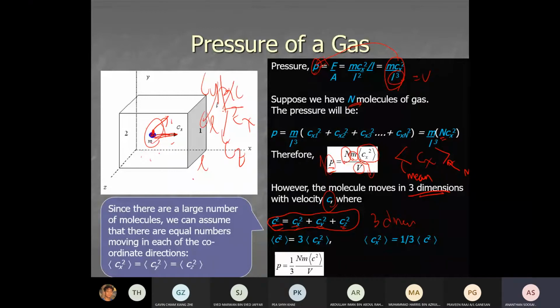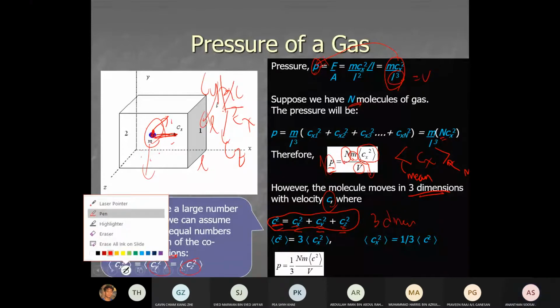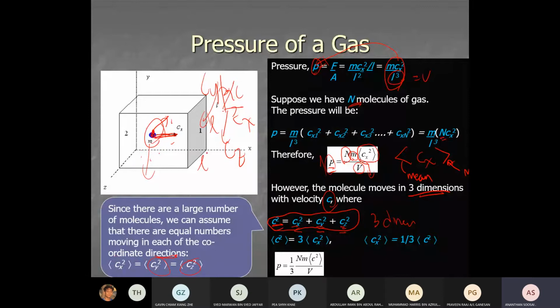Okay, they are components. Now an important term comes in. Since there are a large number of molecules, we can assume that an equal number are moving in each of the coordinate directions. In other words, the average components cx, cy, cz must be the same.